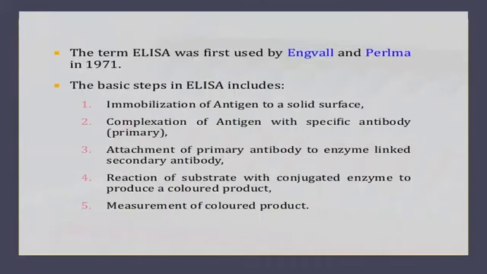The basic steps in the ELISA technique include immobilization of the antigen to a solid surface. I mean the coating of the antigen on a solid surface, which is the 96-well plate. There are also bigger plates with more wells. Also, the second step is the complexation of the antigen with the specific antibody, which is the primary antibody. So we have binding of the antigen with the first antibody, the primary antibody.